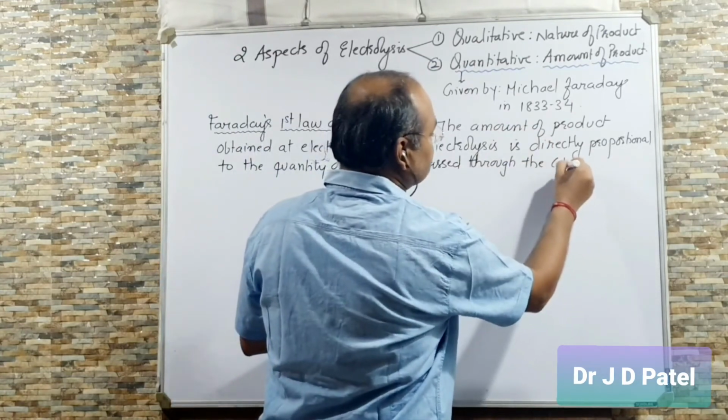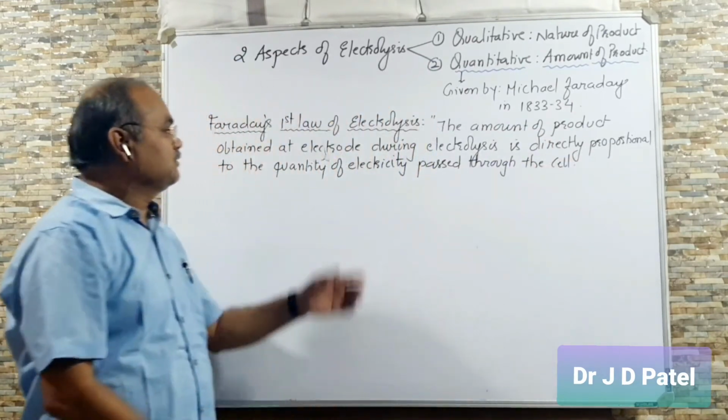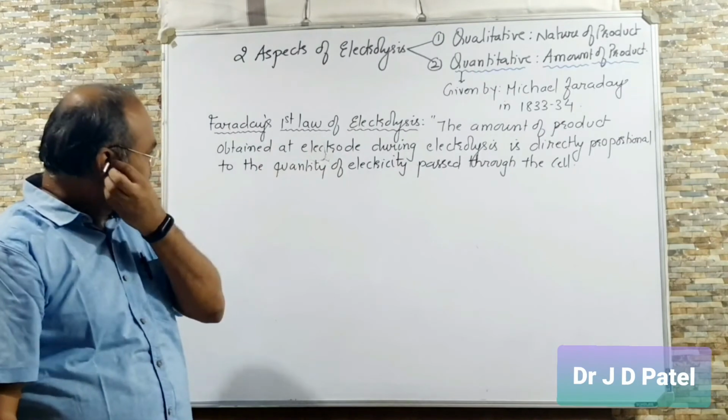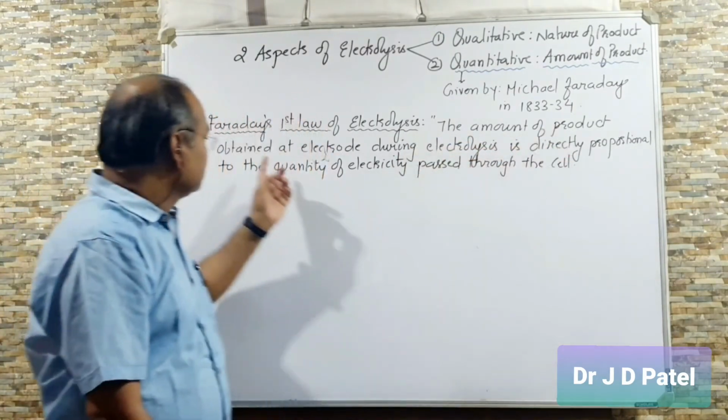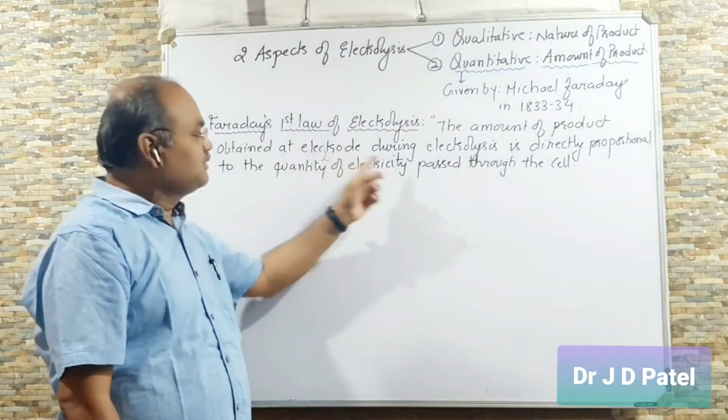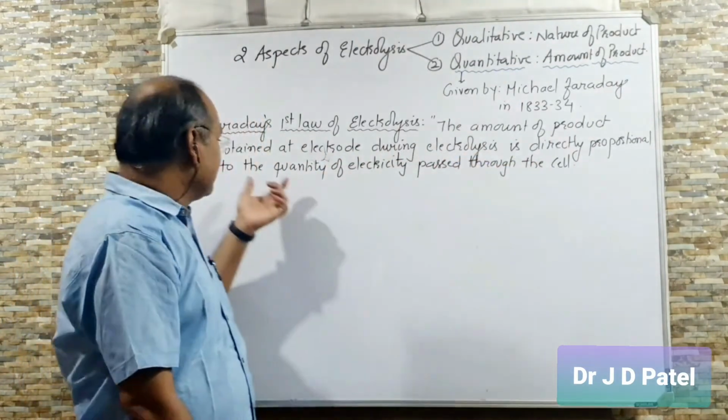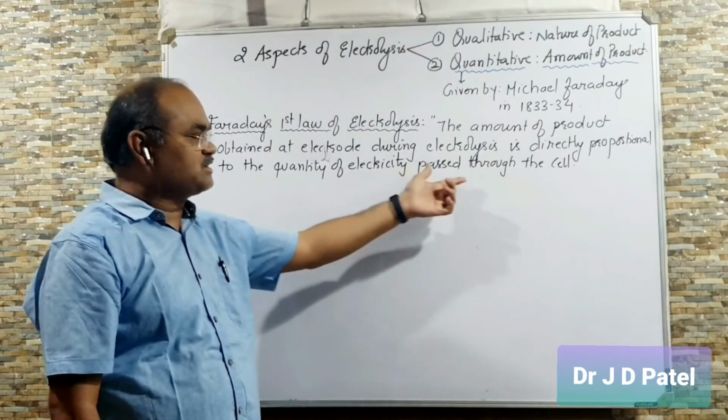I will write cell. So this is your first law. First law of electrolysis given by Faraday. The amount of product obtained at electrode during electrolysis is directly proportional to quantity of electricity passed through the cell.